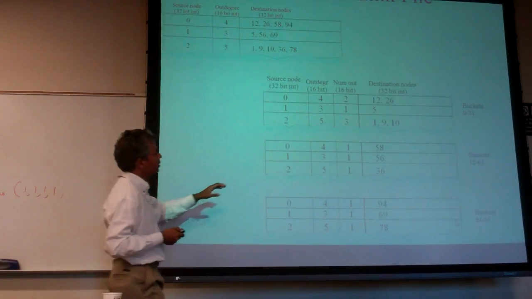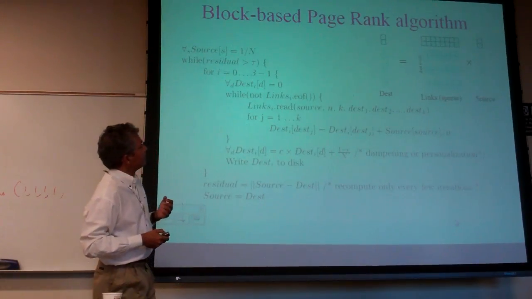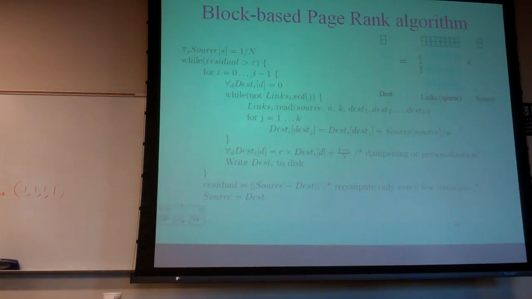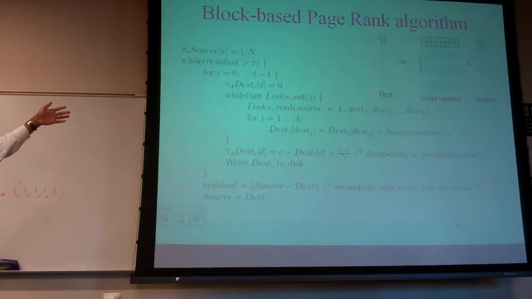CPUs. Okay, so once you split this, here is a block-based PageRank algorithm, which essentially computes over individual buckets and merges them. I won't go into the details, it's pseudocode, you should be able to do this.